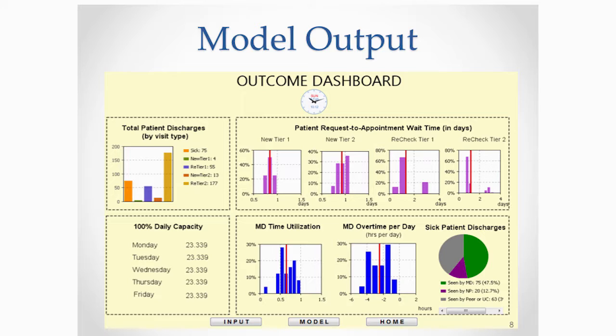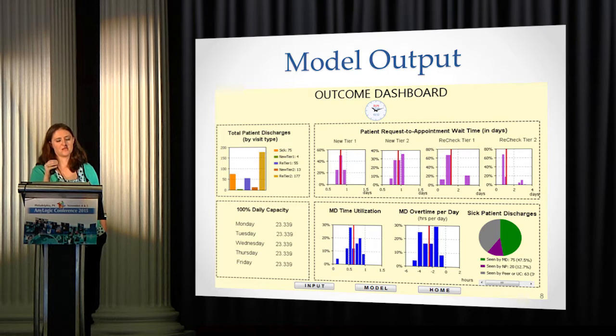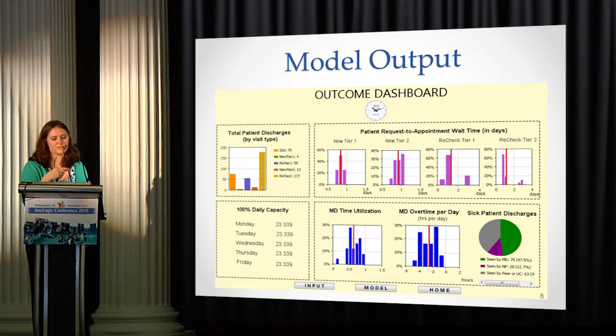Now, the daily capacity is actually not necessarily what the physician put into the model. It takes that information and accounts for the processing times for each patient, and then based on the different types of patients, we can see how many total we can see for the day.